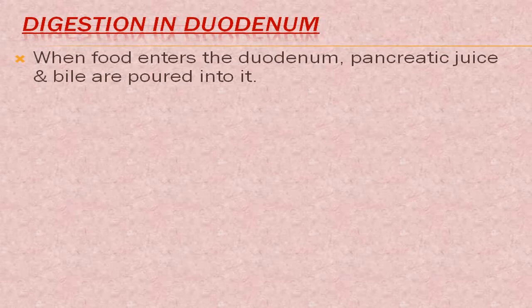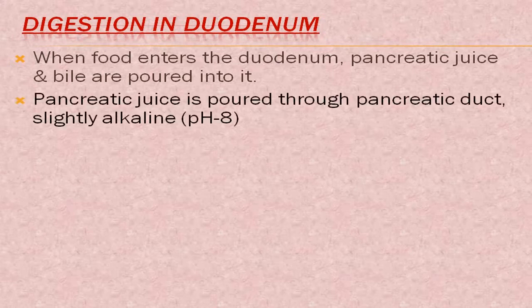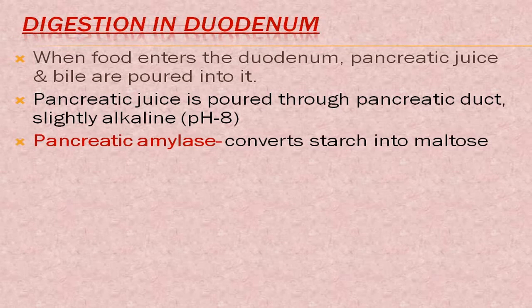The duodenum secretes some enzymes that stimulate the pancreas as well as the gallbladder and liver to secrete their secretions, and then these secretions are poured into the duodenum for the final digestion of food. Pancreatic juice is poured through the pancreatic duct, and pancreatic juice is slightly alkaline. Its pH is around 8.